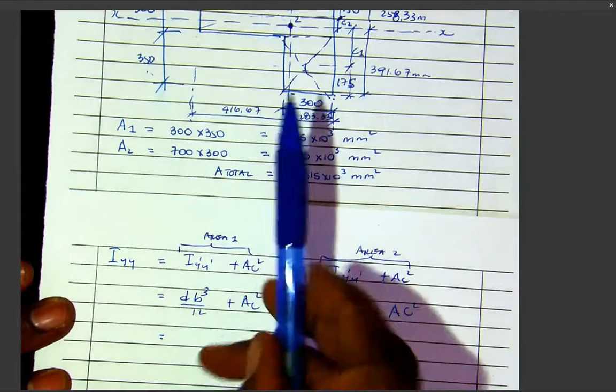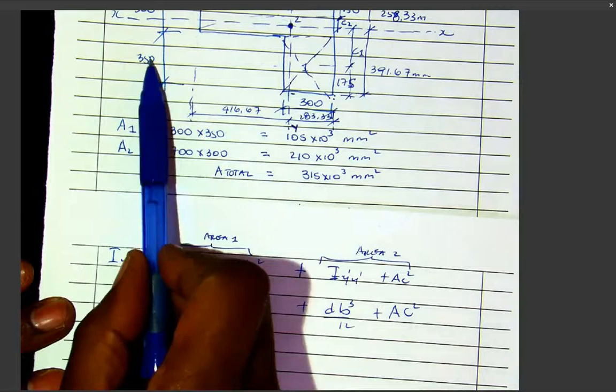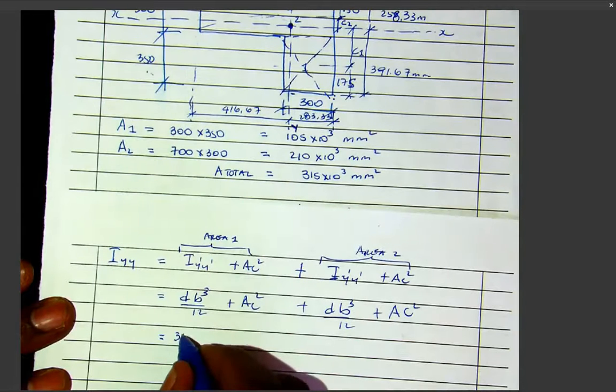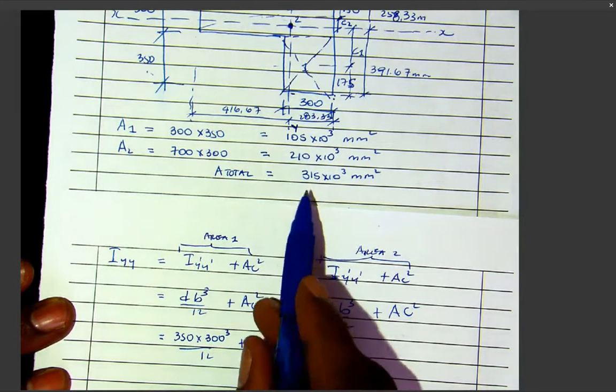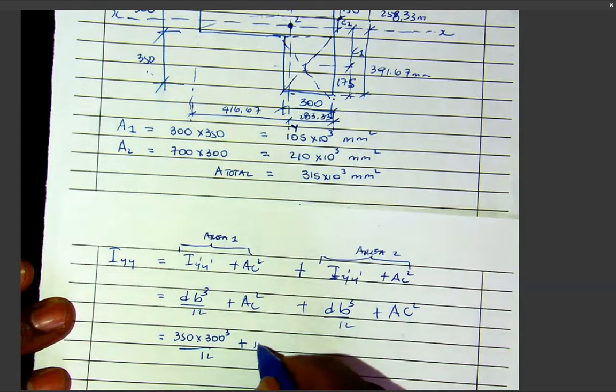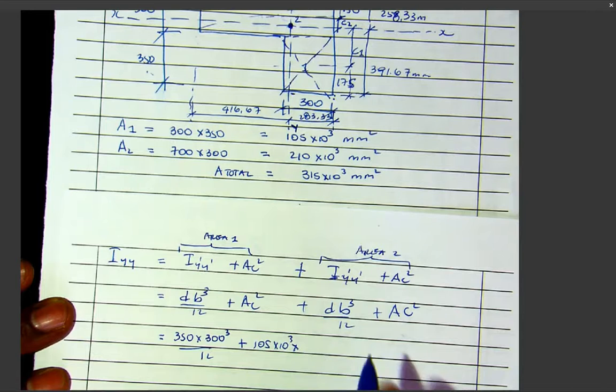D for area 1 is 350, B is 300, so 300 cubed all over 12 plus the area for area 1, which is 105 times 10 to the power 3, times the C value, which I'll substitute at a later stage.